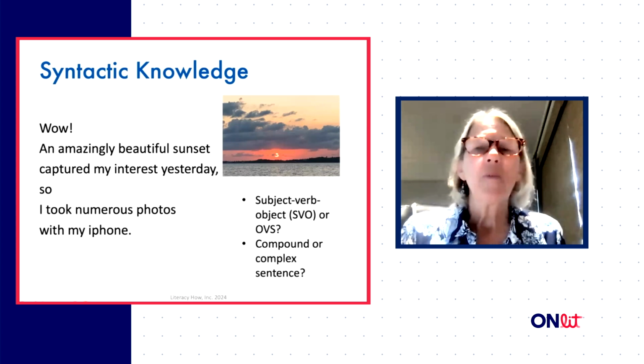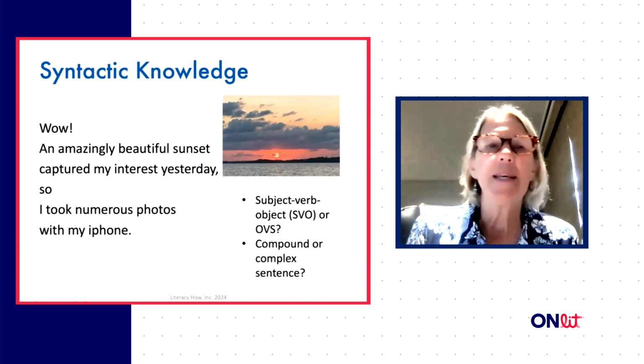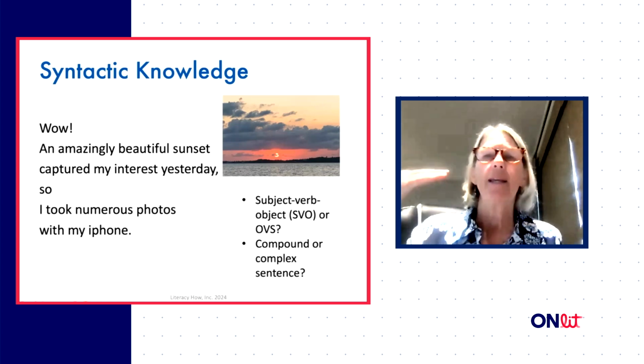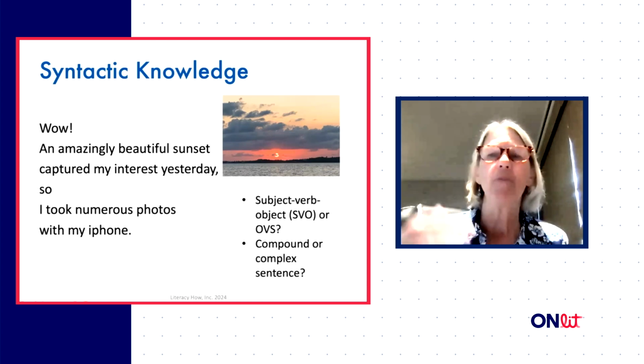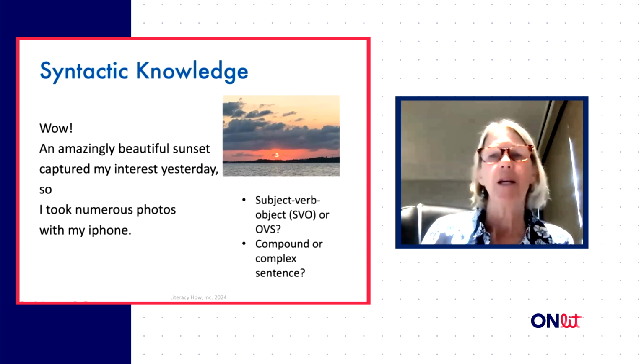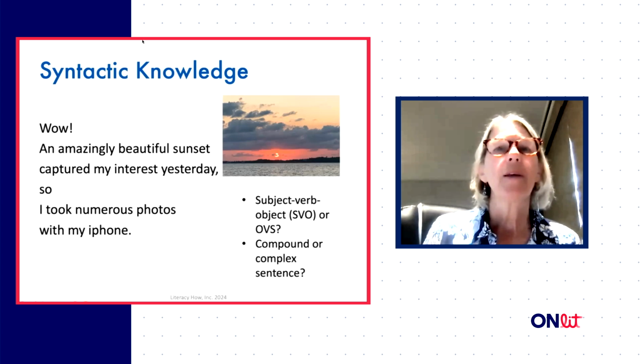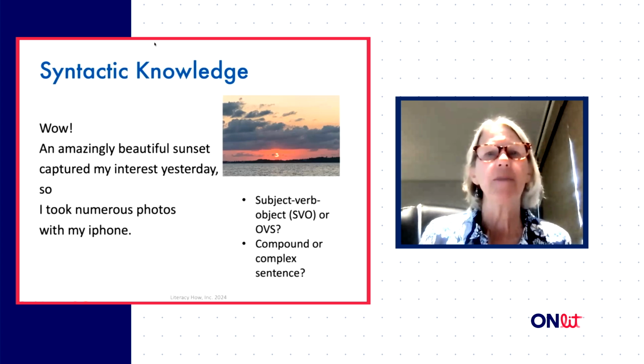So what would you say? Is this a sentence that exemplifies subject, verb, object, right? Or is it object, verb, subject? We talk about SVO or OVS. So you could put that in the chat.